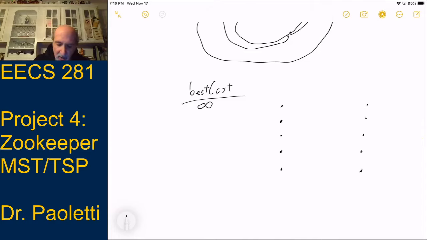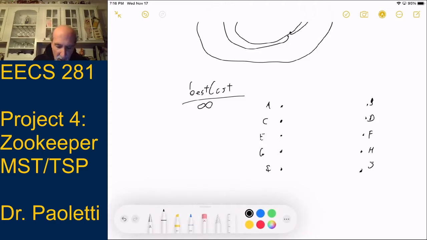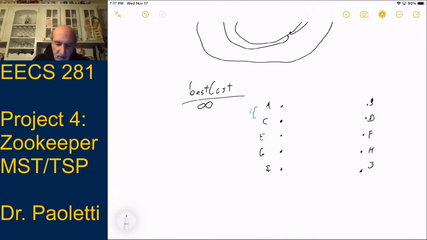Okay, and let's say these vertices are A, B, C, D, E, F, G, H, I, J. Now really in your project they would be 0, 1, 2, 3, 4, 5, 6, 7, etc. Now let's say I go with my first possible permutation, and let's say distance here is 1, every one of the vertical distances is 1, and this is a distance of 10.